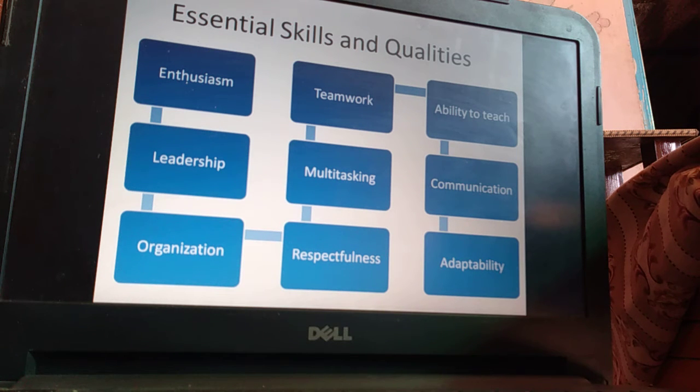As a great, professional teacher, you must possess all these essential skills. You have to have these essential qualities in order to teach your class and develop it in a good way.